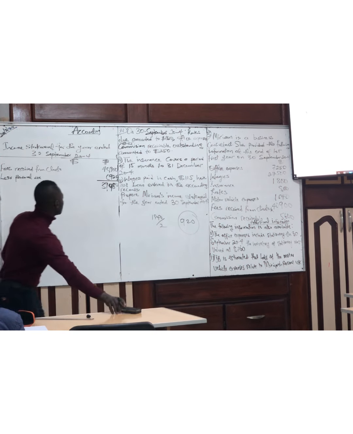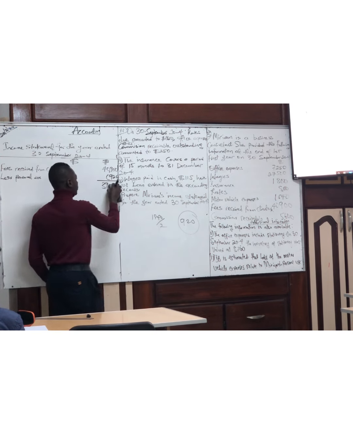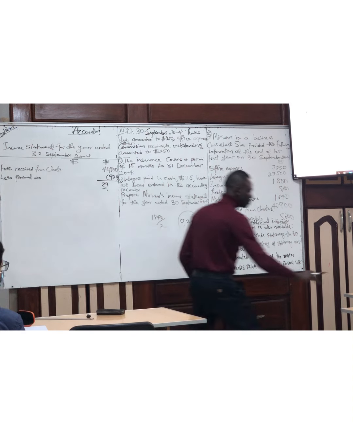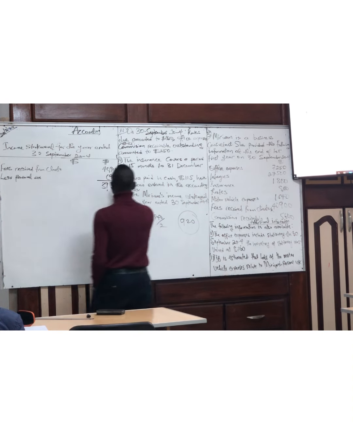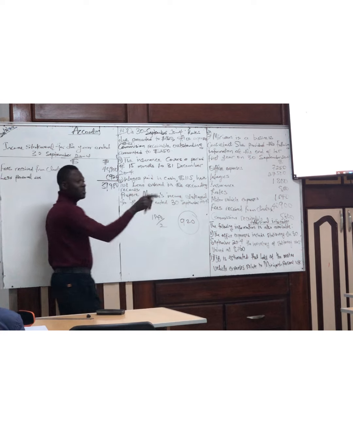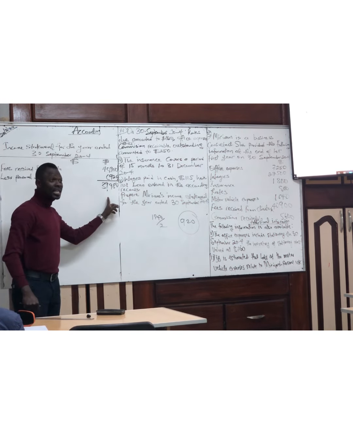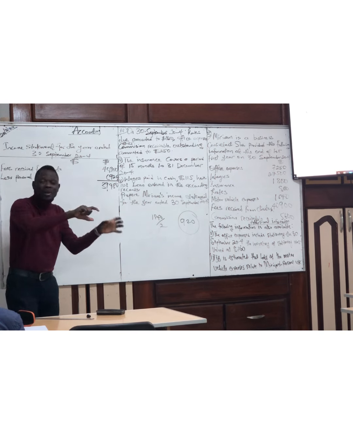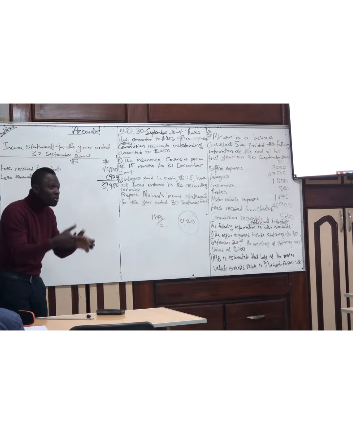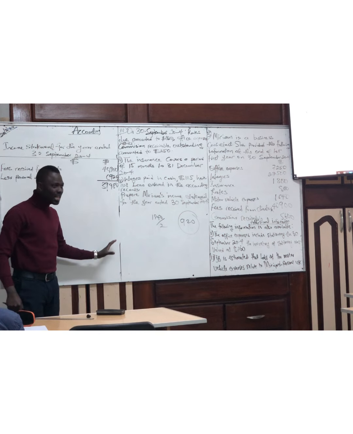So, let me write it again. Remember, when you have purchases and you withdraw for personal use, you take it away from your purchases. Yes or no? So here, whatever you have made in terms of revenue, because it is personal, you have to take it away from your revenue. Is it clear, please? Yes.